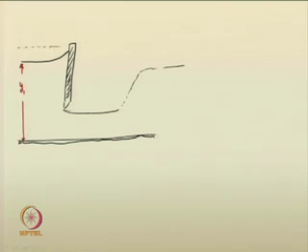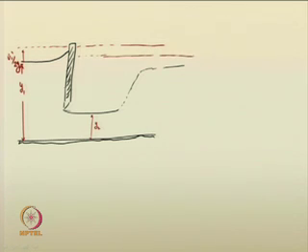Now, I can also draw the energy line. So, let us assume this is V 1 squared by 2 g, that is the velocity head. This is section 2 having depth of flow y 2.